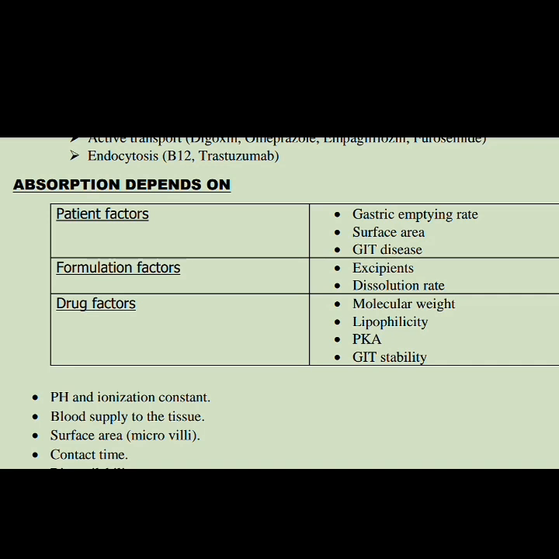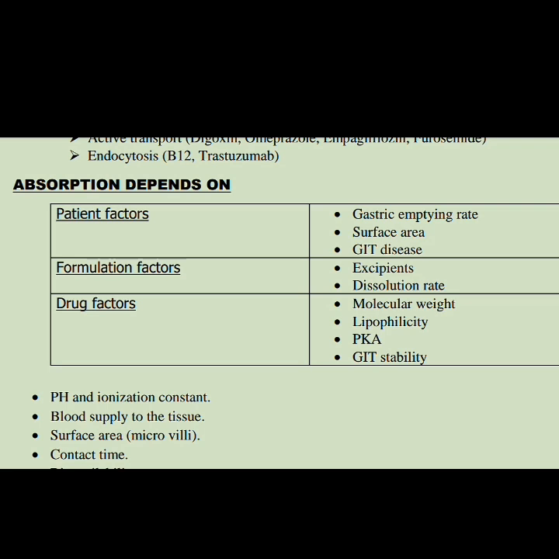So let's talk about drug factors, the molecular weight. The smaller the molecular weight, the more the absorption. Lipophilicity: the more lipophilic that drug is, the easier it is for it to cross biological membranes. And so if it can cross biological membranes, what do you expect? You expect good absorption. The pKa, what is this referring to? This is the dissociation constant.